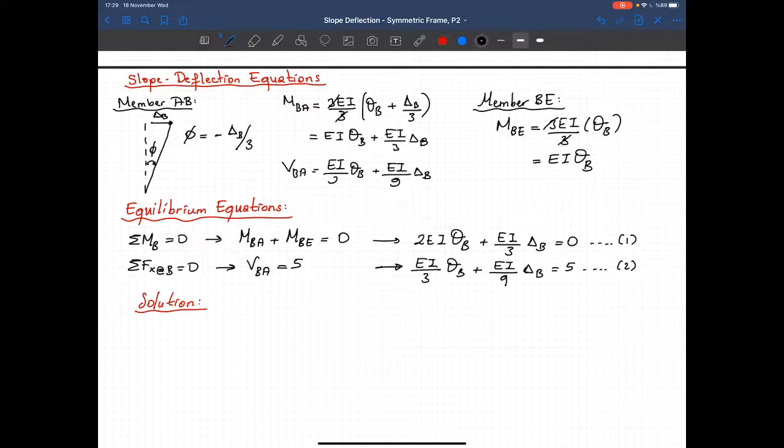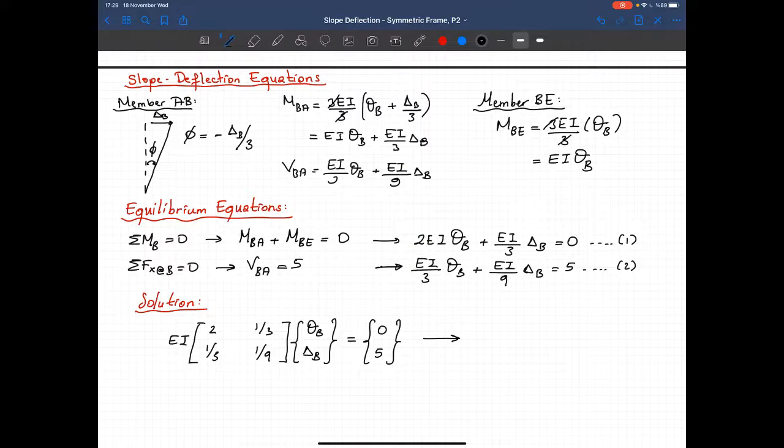And my solution is, again, let's show everything in matrix form. EI times the matrix 2, 1 over 3, 1 over 3, 1 over 9, times theta B and delta B should be equal to 0 and 5. And if you analyze that, we obtain theta B equal to minus 15 over EI and delta B equal to 90 over EI.